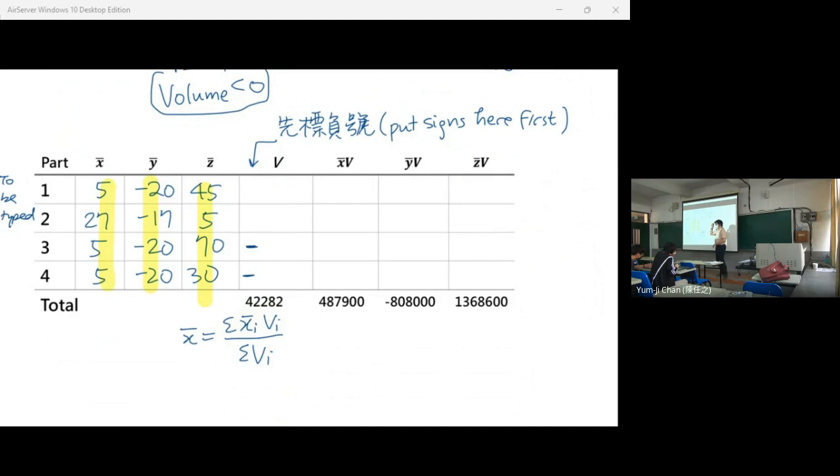Write it down first, and I will talk about the next key point.